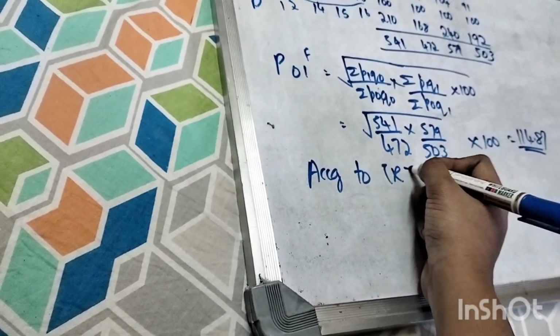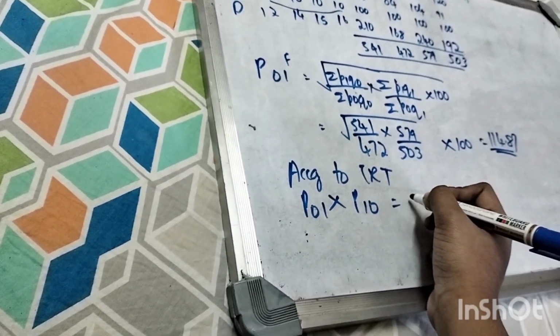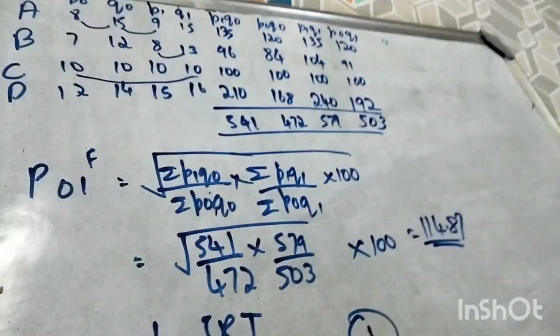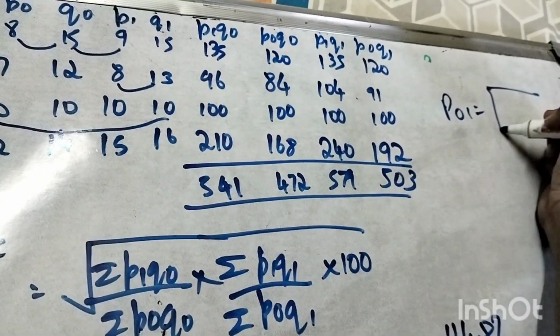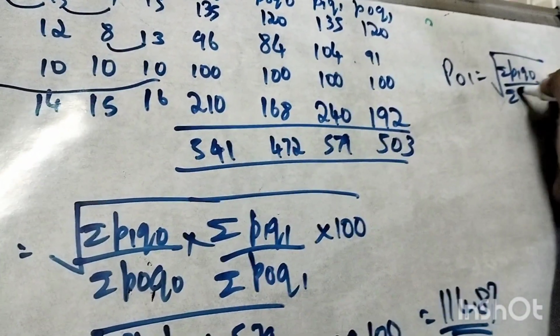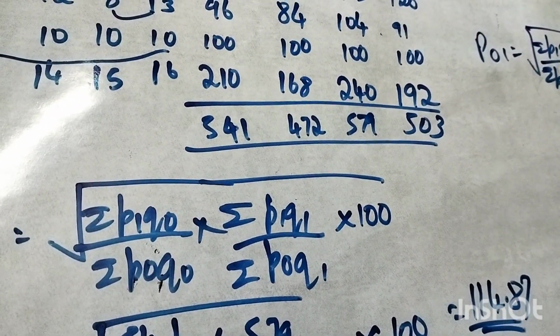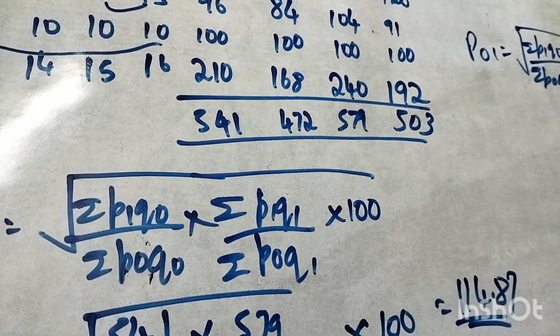Next you need to write: according to TRT, P01 into P10 is equal to 1. This is the first equation. Here, P01 is, you write the same formula again, P1 Q0 by P0 Q0 into P1 Q1 by P0 Q1.